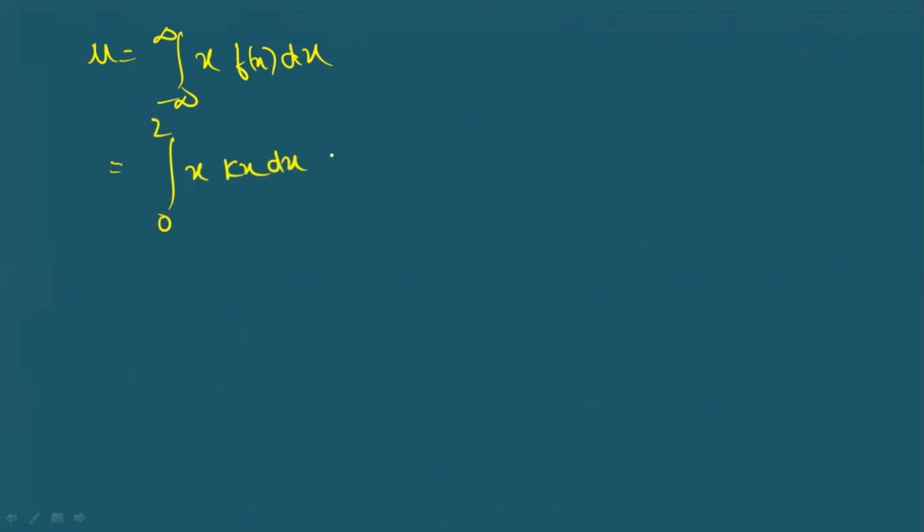Now we will see the mean. So for the mean, mu is equal to the integration from minus infinity to plus infinity of x times f(x) dx. So same thing for 0 to 2, here it is x, and f(x) is kx within this range. Plus from 2 to 4, x times the value of f(x), which was 2k, dx.